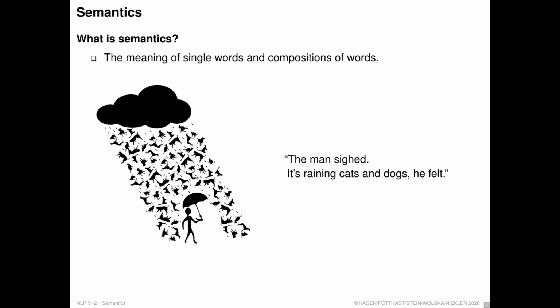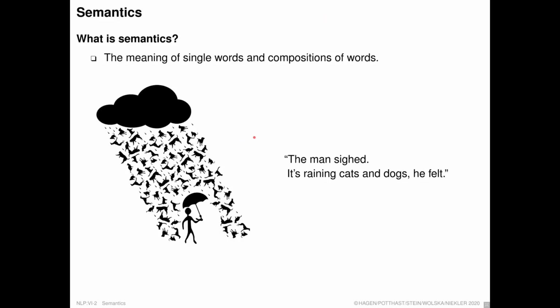In general, the meaning of single words or clusters of words, phrases, and in the larger sense also of whole discourse, although discourse semantics typically belongs to yet another sub-area of linguistics called pragmatics, which we'll talk about briefly, not next week, but the week after.